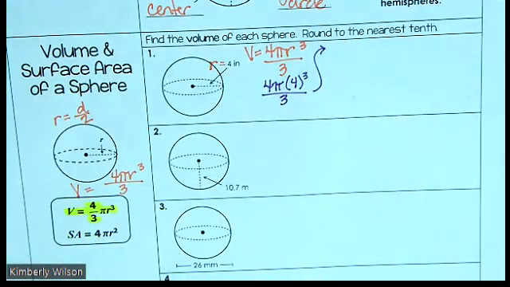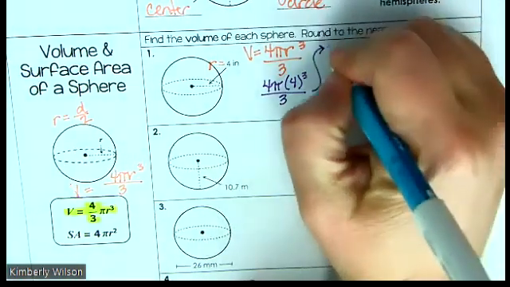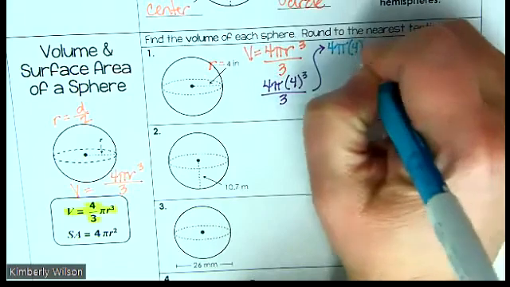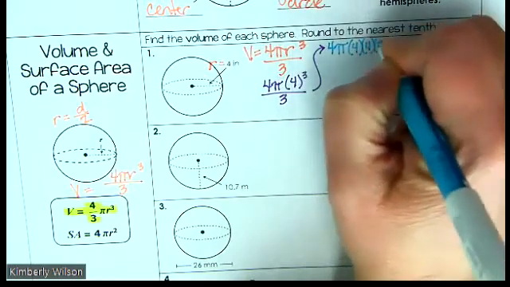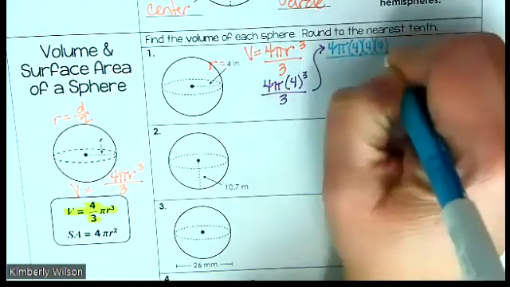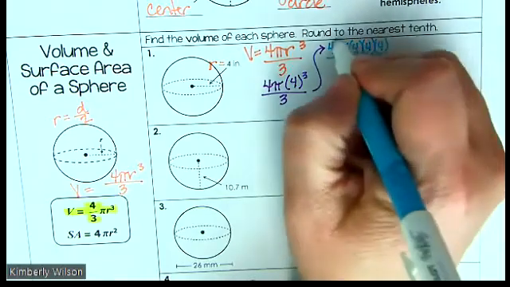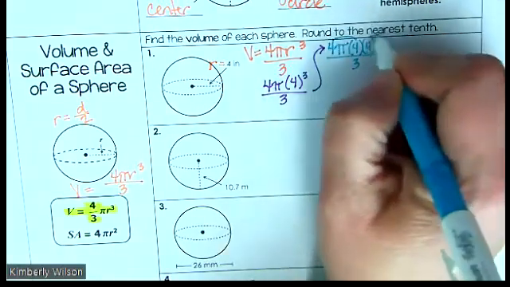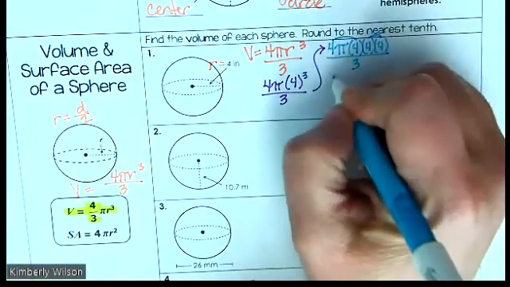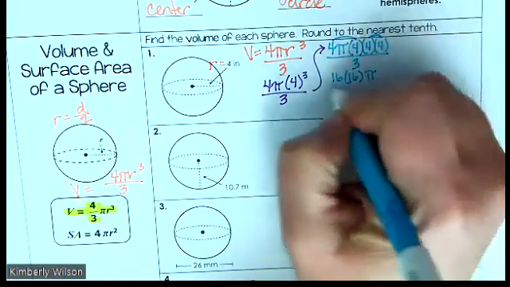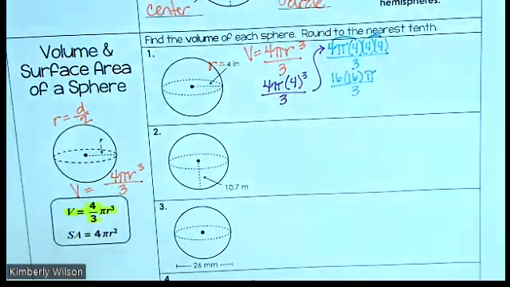Well, when it's 4 to the 3rd power, that means I'm doing 4 pi times 4 times 4 times 4 all over 3. Which, well, I can multiply these two together and these two together. So that's going to give me 16 times 16 pi divided by 3. Oh, I wrote 2 steps in the same color. Shame on me.